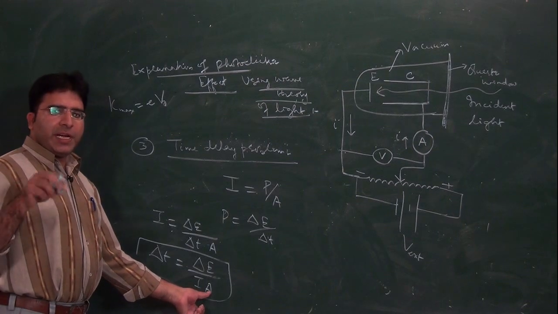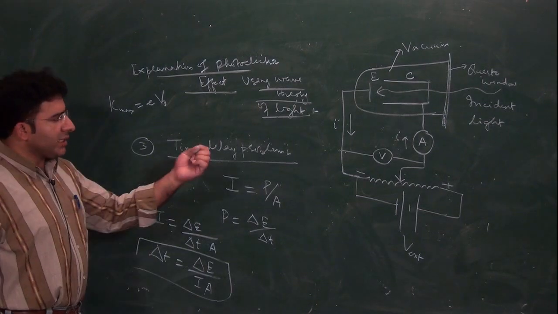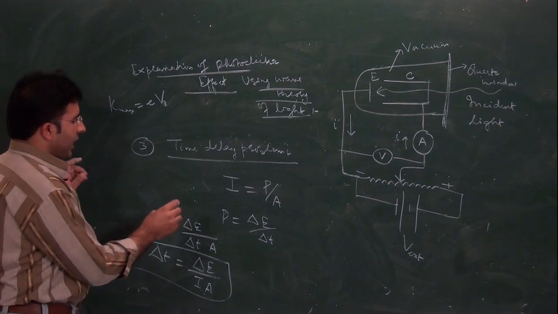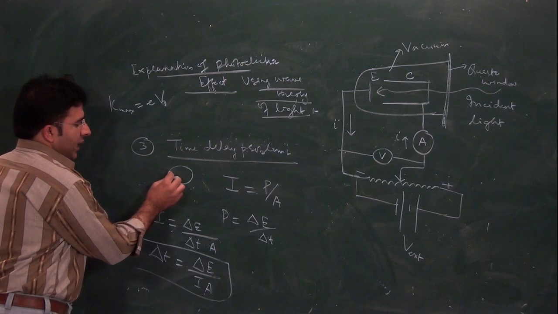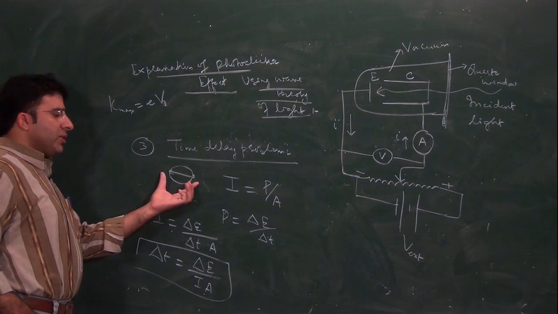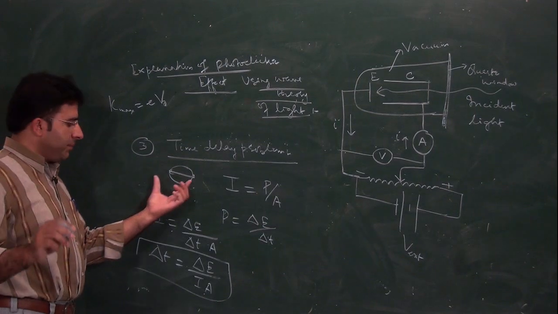The effective area over which the electron can extract energy from the wavefront is small. The electron will be available at most in a region having a diameter equal to that of an atom. Within that zone, the electron will be available.